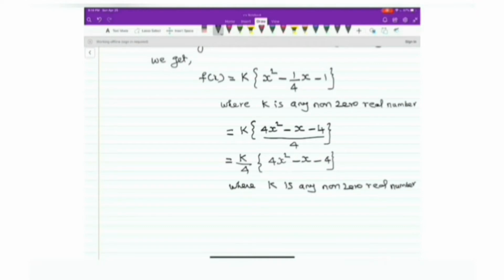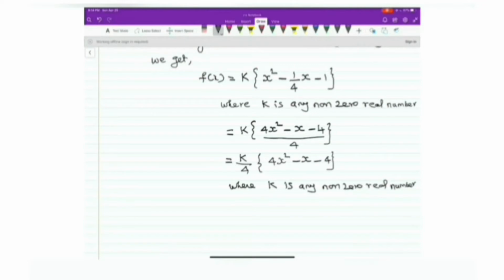As and when you give the values for k, you will be getting the corresponding quadratic polynomial. But you can't give the value of k as 0. Only that point should be kept in mind.